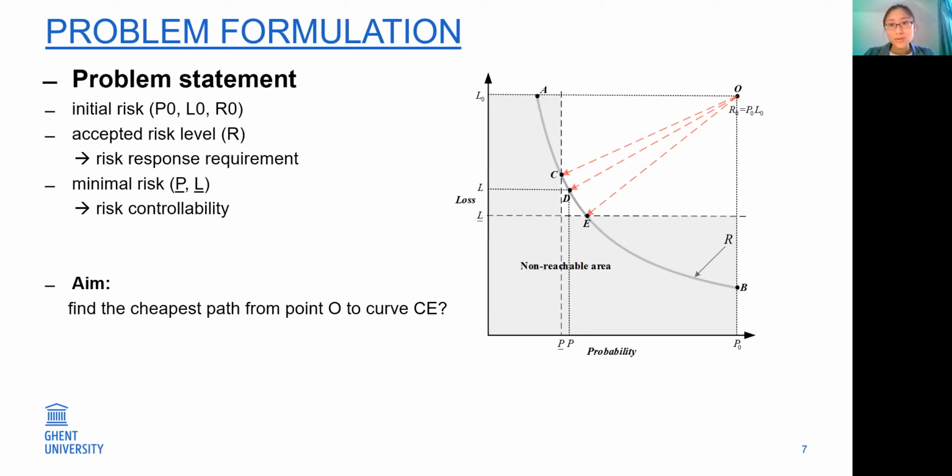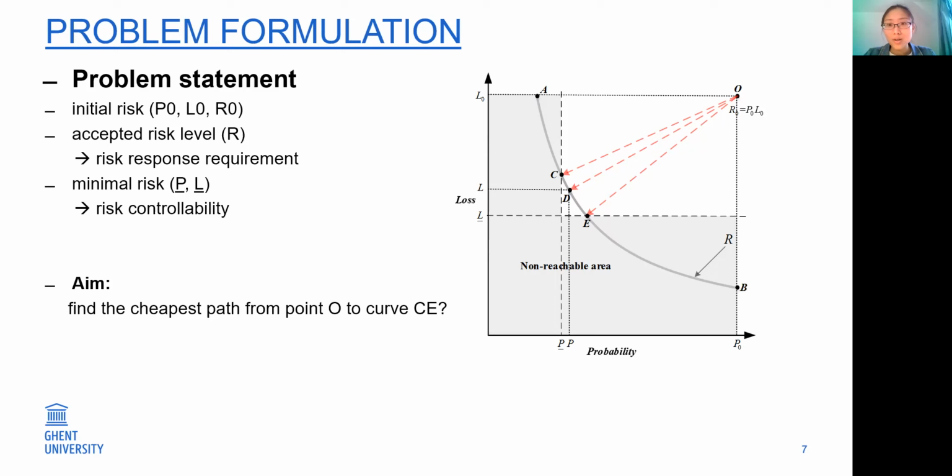It captures the risk response requirement that is predefined by the project manager. Thus, the goal of risk response is to reduce the risk from point O to the curve AB. As you can see in this figure, the paths OA, OB, OC, OD, and OE are all feasible paths that can satisfy the risk response requirement.